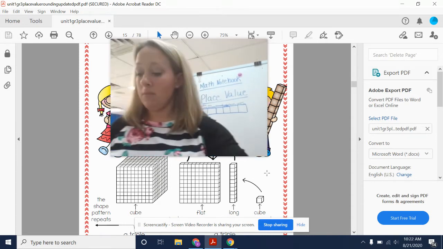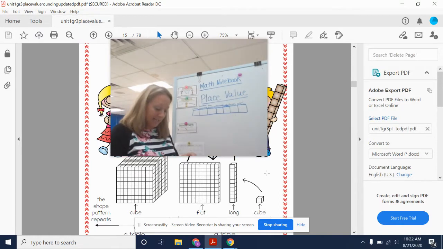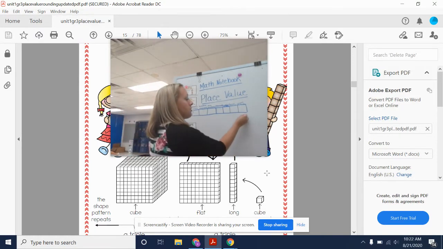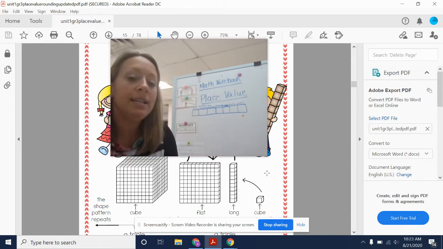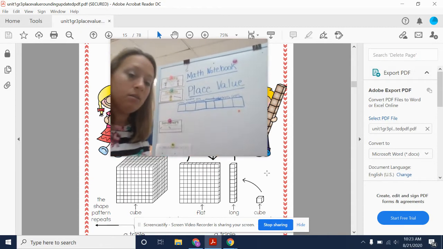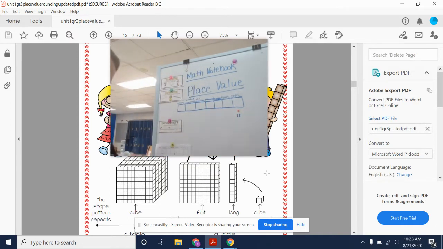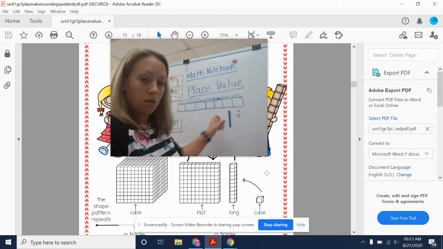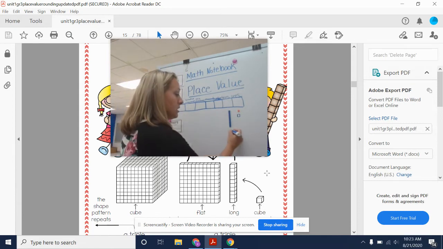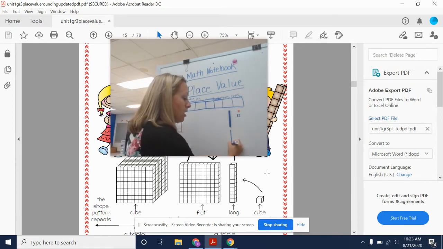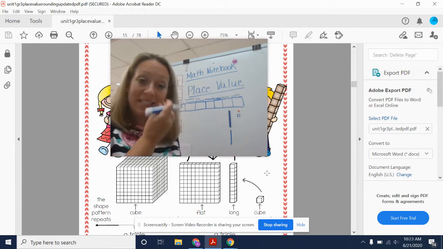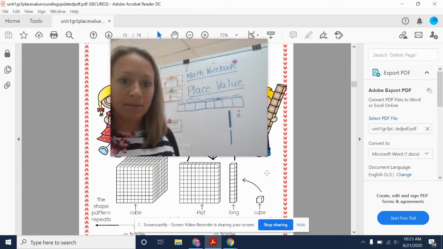So underneath my ones place, I'm just going to draw a cube, just one tiny cube, okay? Underneath my tens place, I'm going to draw a long, okay? That can be as simple as this. Sometimes when we are kind of shorthanding it, we can just draw a stick. That's why I call it a 10 stick sometimes.